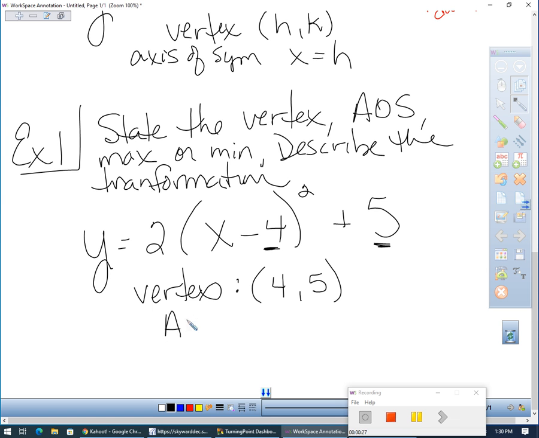Your axis of symmetry is always x equals whatever this h value is, so 4. If our a value, and remember this is a right here in front, if a is positive, well, it is a stretch, and we're going to get to that in a minute. We're on the max and min. If a is positive, since a is greater than 0, this is a minimum.